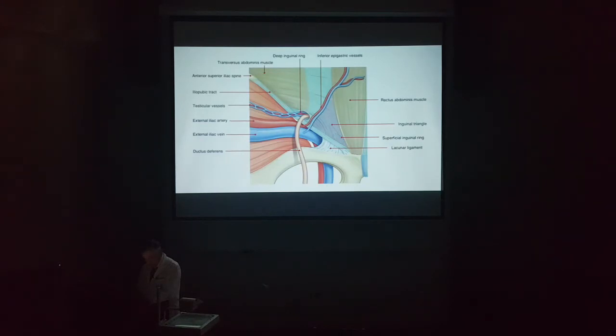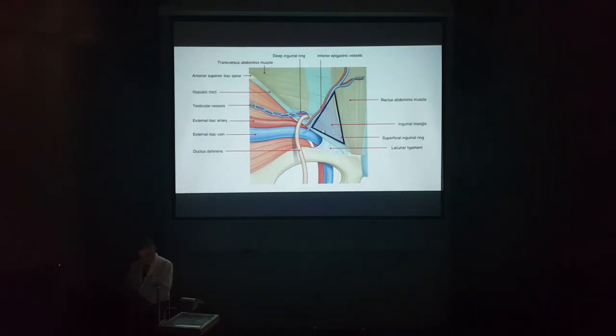This diagram is from inside the anterior abdominal wall, not looking at it from outside, looking at it from inside. This is the rectus abdominis muscle. There is this triangle that is going to be the neck of a direct inguinal hernia, and it is wide.